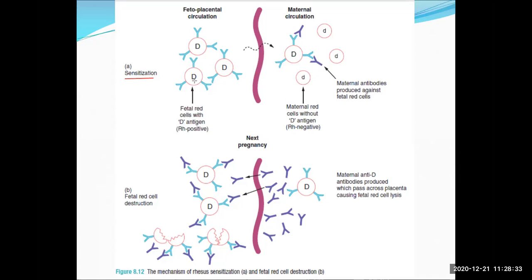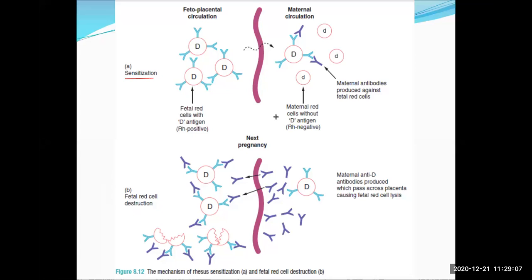What will happen? If the fetal RBCs enter the maternal circulation, these are like a foreign antigen to the mother. The mother's immune system will form antibodies against these fetal RBCs. Nothing will probably happen during this pregnancy, because the amount of RBCs which have entered the maternal circulation may be small, and it also depends on when those RBCs entered.